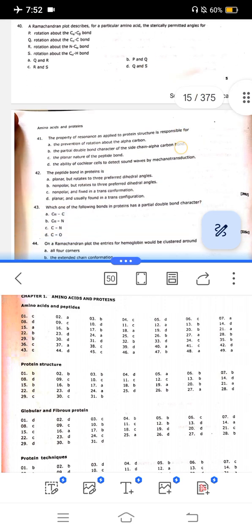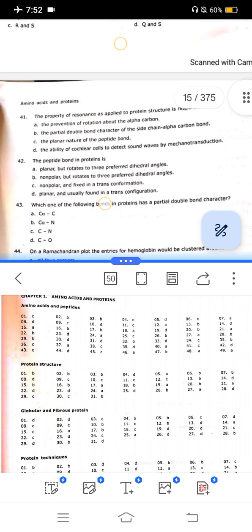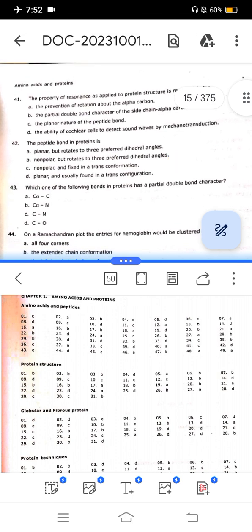Then next question. The property of resonance as applied to protein structure is responsible for which one? 41C, the planar nature of the peptide bond. Okay. Resonance, planar nature of the peptide bond. The peptide bond in protein is 42D.